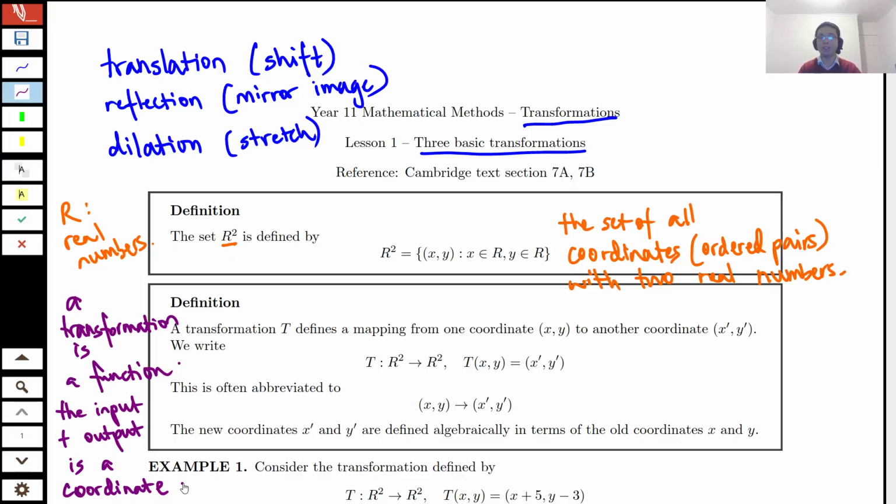Before, our functions acted on one number. A transformation, on the other hand, is going to act on 2 numbers, x and y. And what's it going to do? It's going to take a coordinate (x, y), and it's going to output another coordinate (x prime, y prime). You can think of (x, y) as the old coordinate before the transformation has taken place, and (x prime, y prime) as the new coordinate.